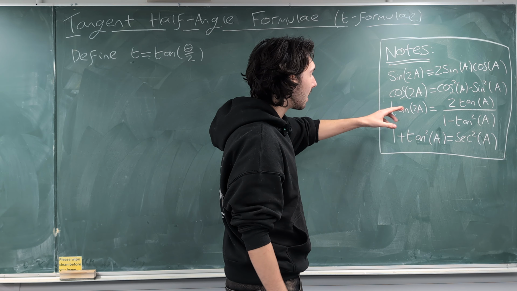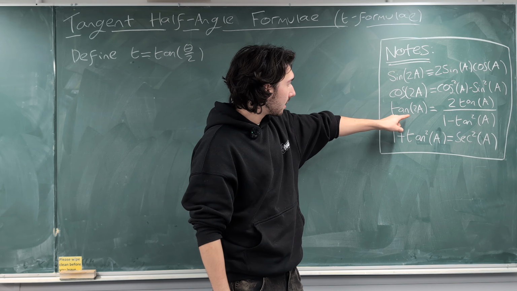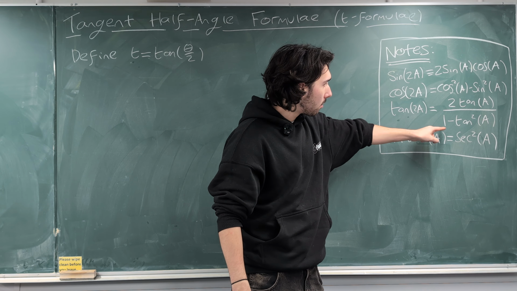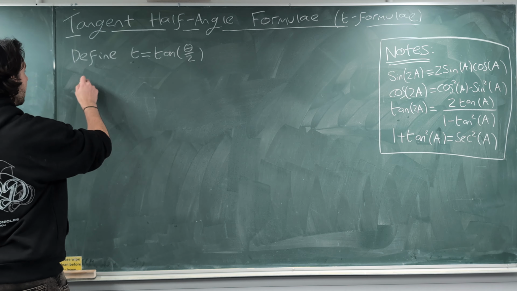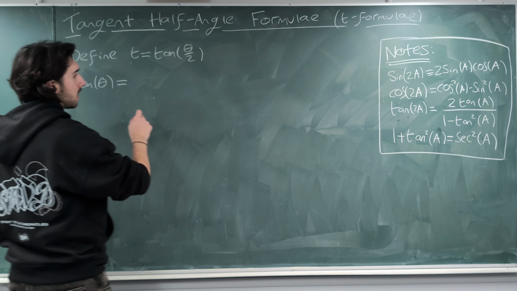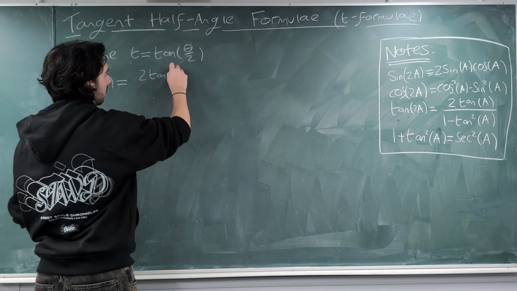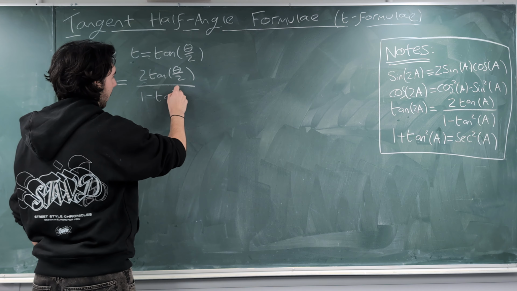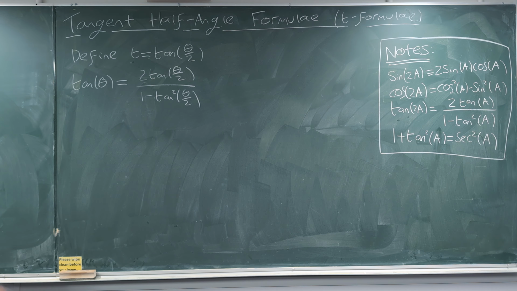If we imagine that capital A is theta over 2, then tan of theta would be 2 tan theta over 2 divided by 1 minus tan squared of theta over 2. This is a direct application of the double angle formula.